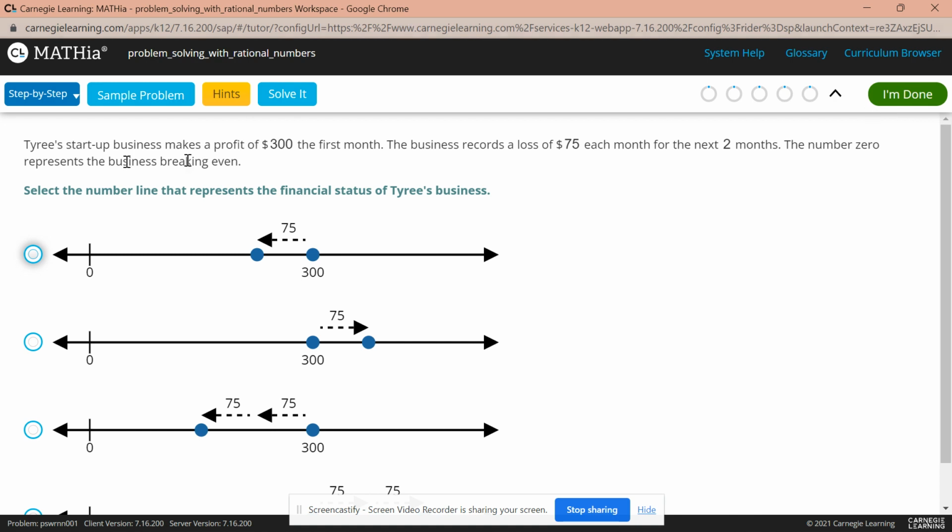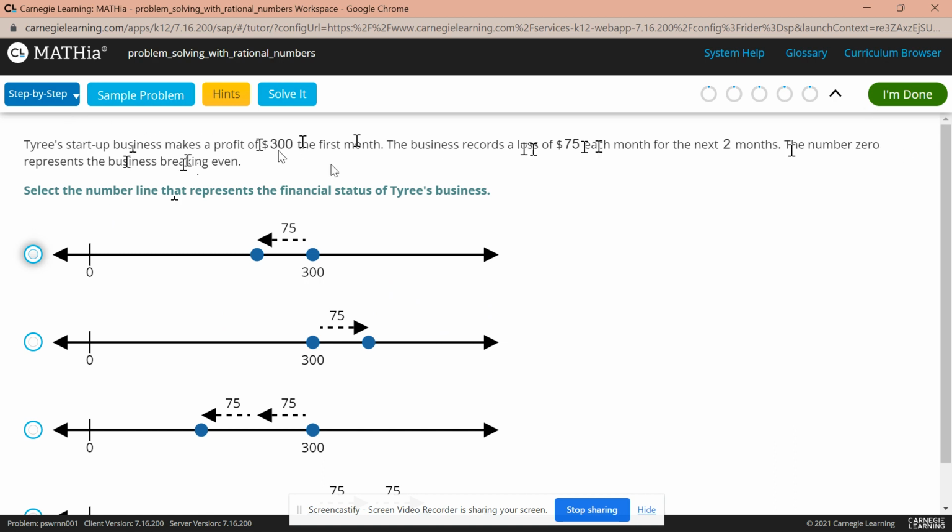Tyree's startup business makes a profit of $300 the first month. The business records a loss of $75 each month for the next 2 months. The number 0 represents the business breaking even. I may just do 2 problems because I want to really break this down. We know that Tyree has a startup business.